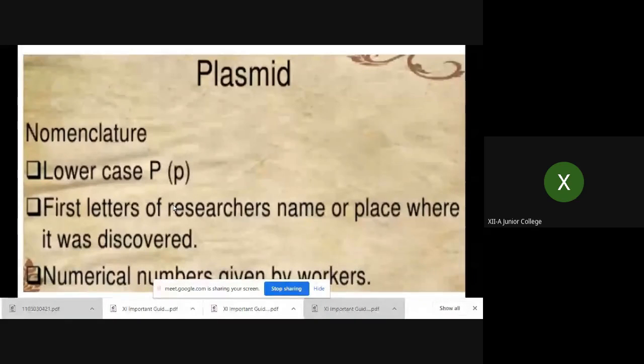Then the first letter or letters of the researcher's name or the place where it was discovered; one or two letters are used. And numbers are given by the workers who first designed or discovered it; they give the series number.